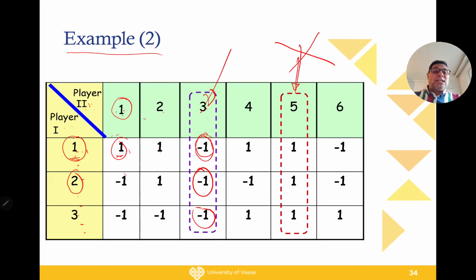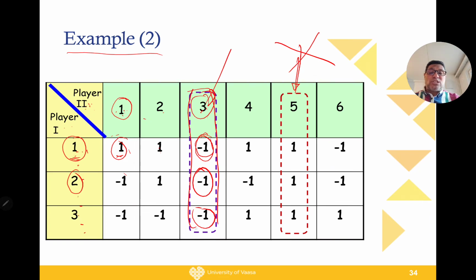The first player will always lose, but on one condition, that both are intelligent and mature. If they are not intelligent enough, of course, it can change. But here you can see that if player 2 plays strategy 3, they will always win regardless of what player 1 takes as the first action. So here the first player is always the loser, and the second player is always the winner by playing this strategy.